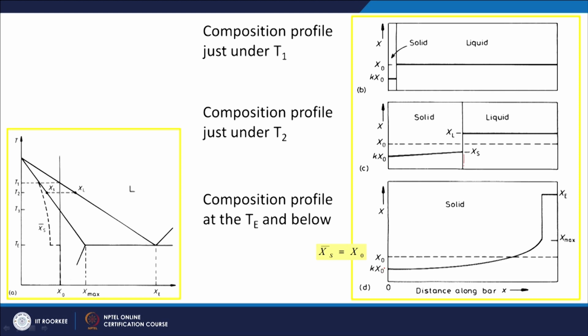So, this is how the solute profile will be there in the solid at the end of the solidification.